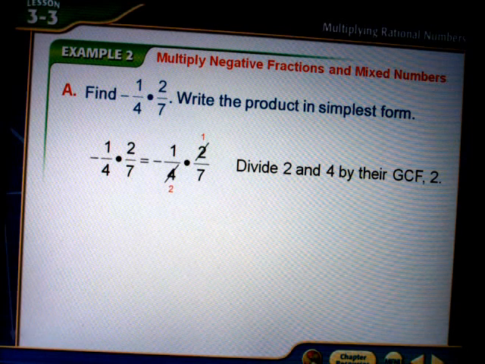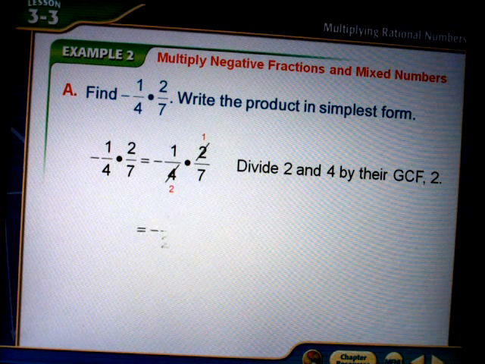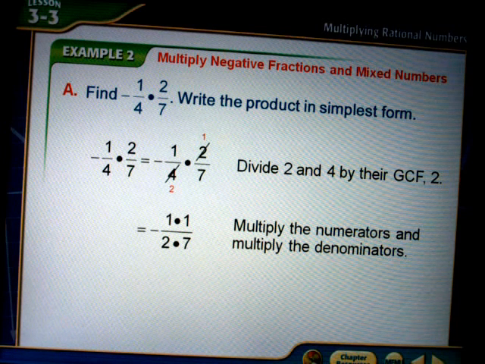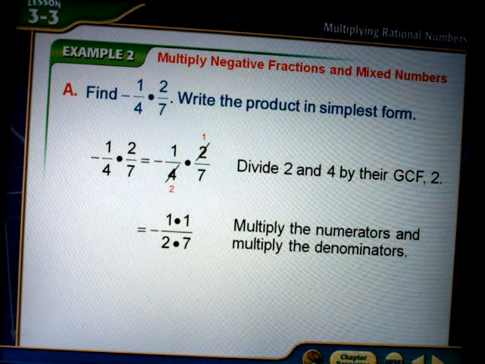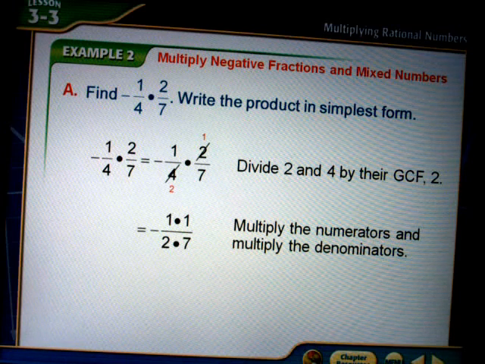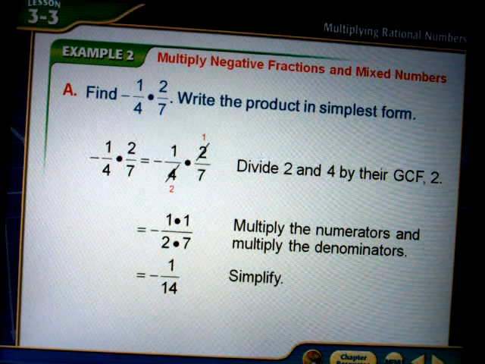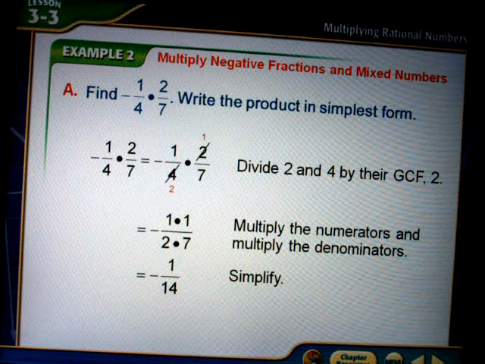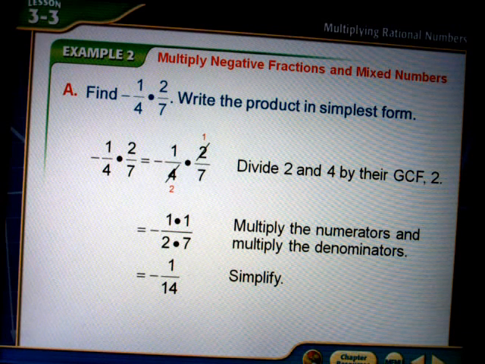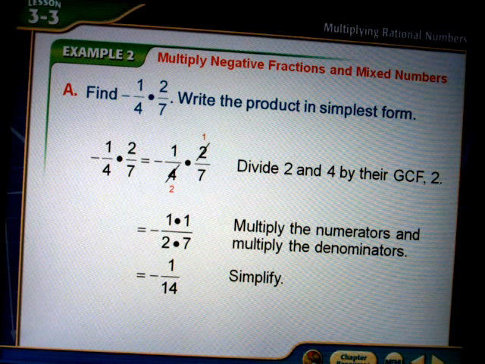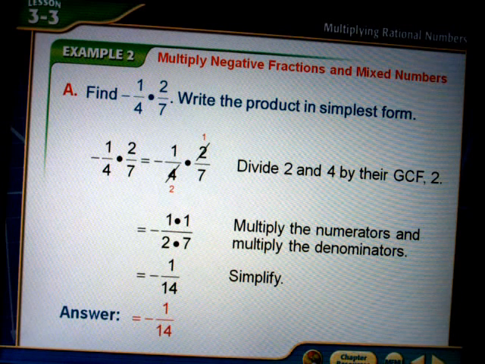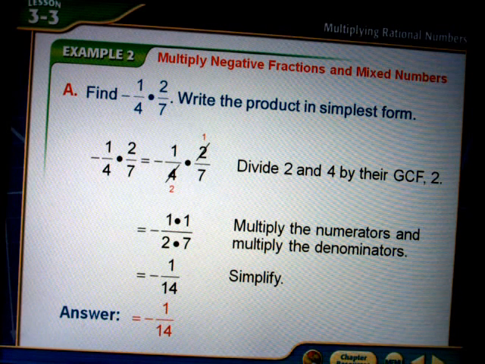It gives you an opportunity where the numerators and the denominators are already in their simplest form, and then you usually end up with a number that you don't have to simplify at the end. And notice that they did not drop that negative sign. They had one negative fraction and one positive fraction, which is going to equal a negative product. The answer is negative 1/14.